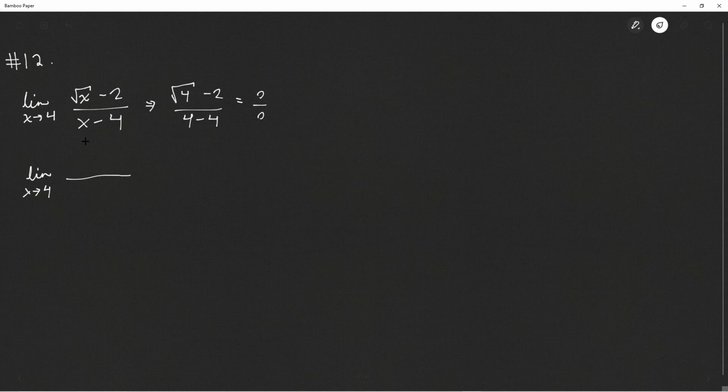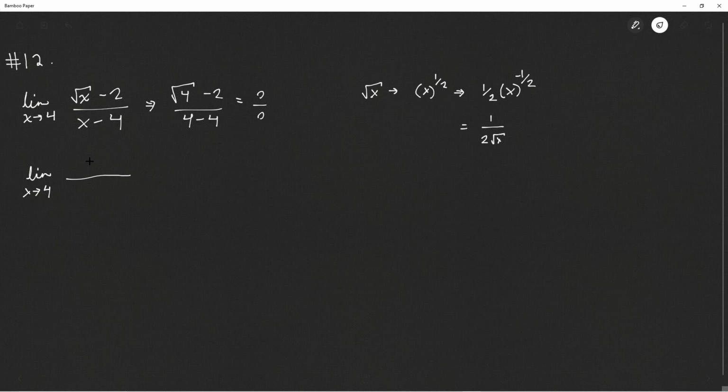So when we do the derivative of square root of x, to make it easier, we'll make it x to the power of 1/2. And then this will become 1/2 x to the power of negative 1/2, or this will simplify to 1 over 2 square root of x.